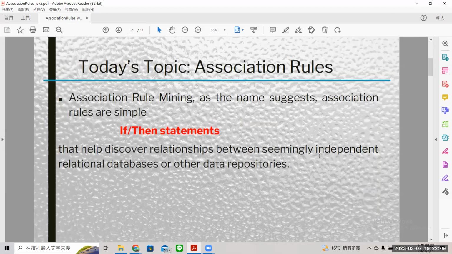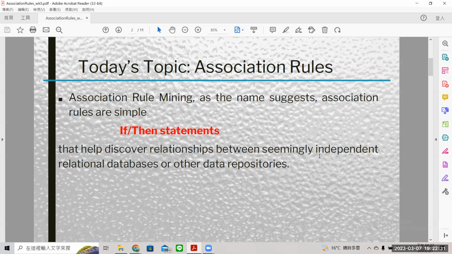Okay, what is association rule? Actually, it's quite straightforward. Association rules are simple. That means we try to explore if-then statements within the observed data.